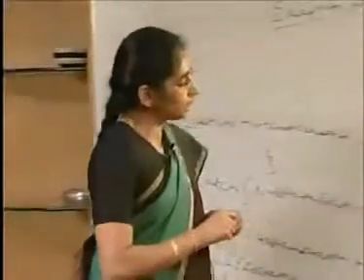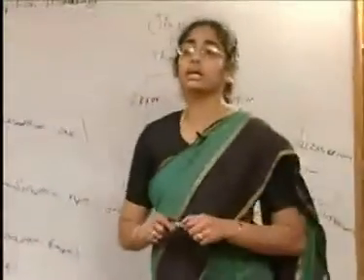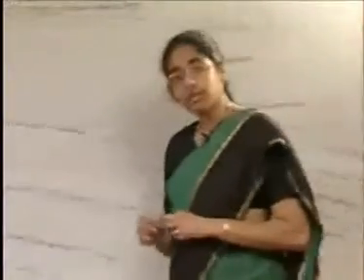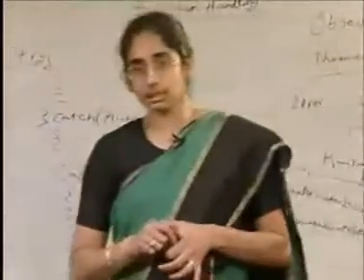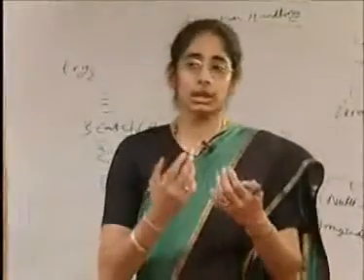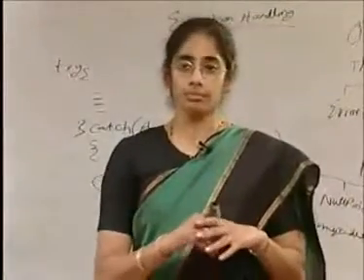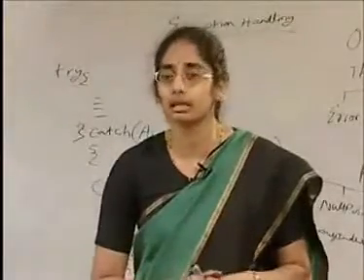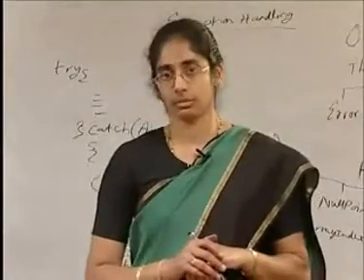There are two types of exceptions. You have checked and unchecked exceptions. What I mean by checked exception is that during compilation time, the compiler checks to see whether the exception is being handled or not. That is a checked exception.